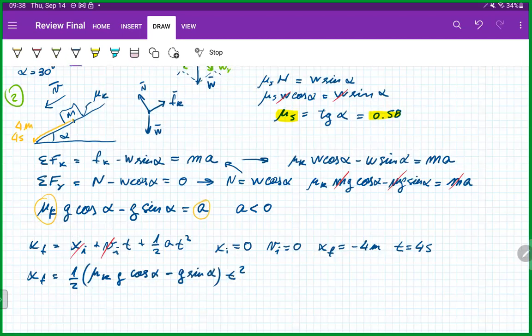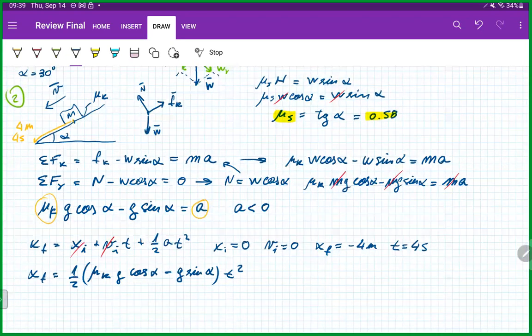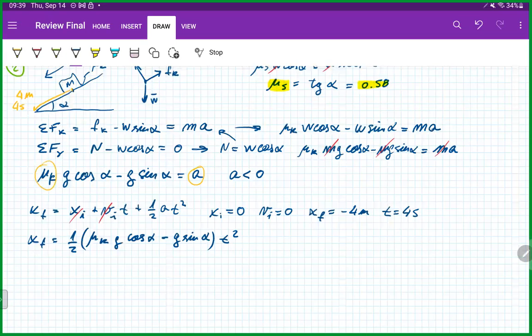Any questions about that? We're just applying straight line motion with a constant acceleration, and the constant acceleration depends on the gravity and the coefficient of kinetic friction. And of course the angle, right? But we know those. We know gravity, we know the angle. All right, good. And if we just work this expression, you're going to have 2x final divided by t squared.